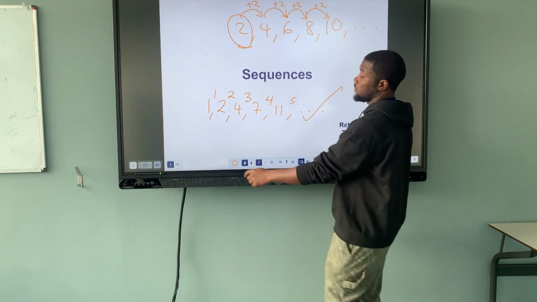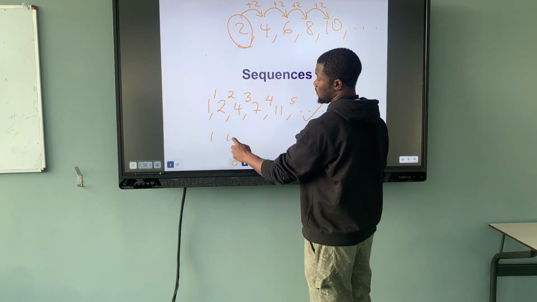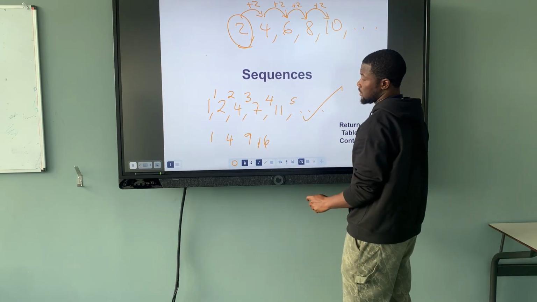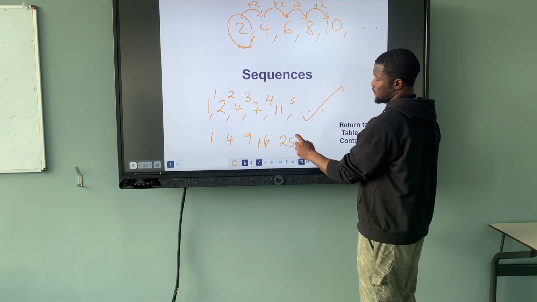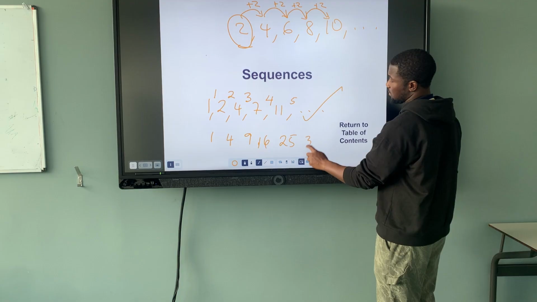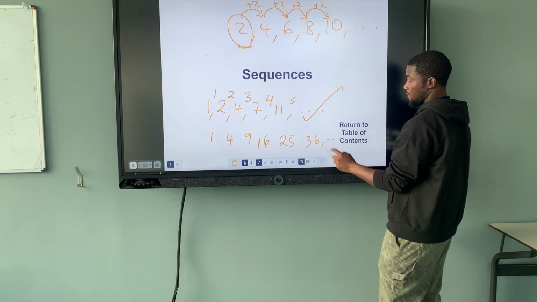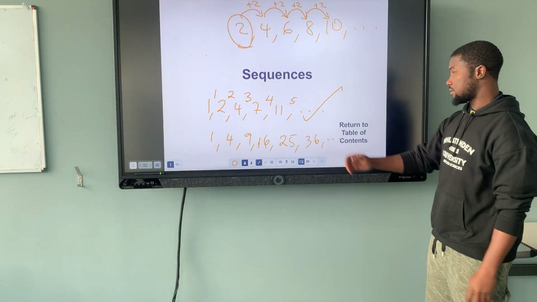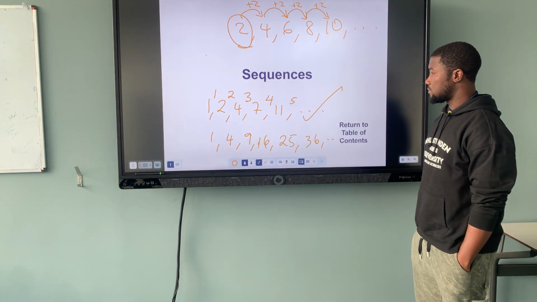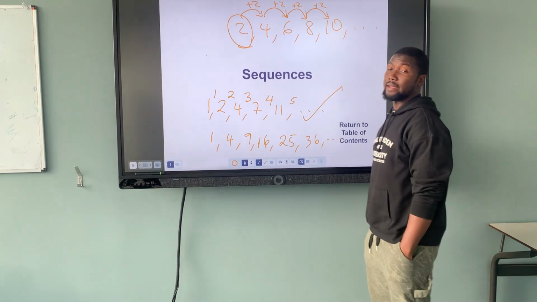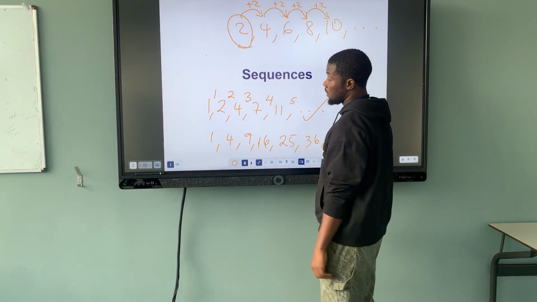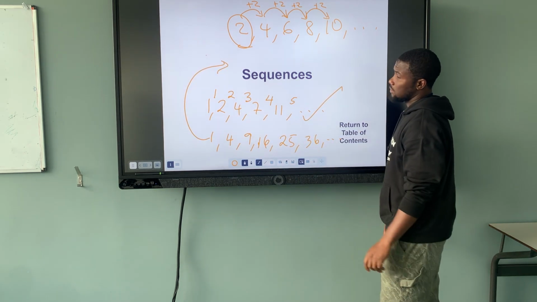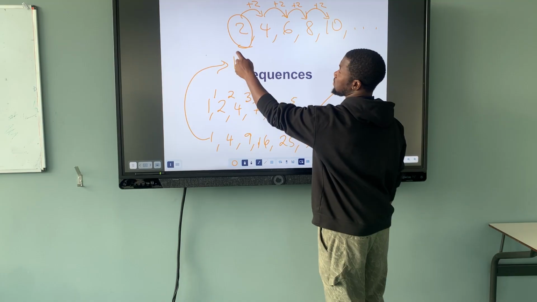Now if you look at the following numbers, 1, 4, 9, 16, 25, 36, and so on, what you have here are numbers that are squares. This is 1 squared.